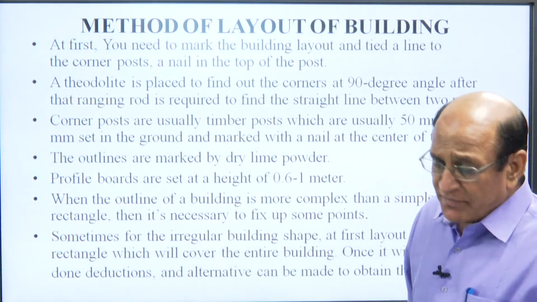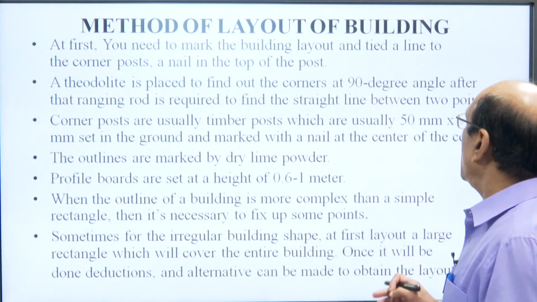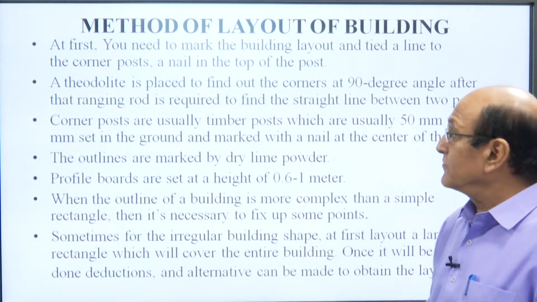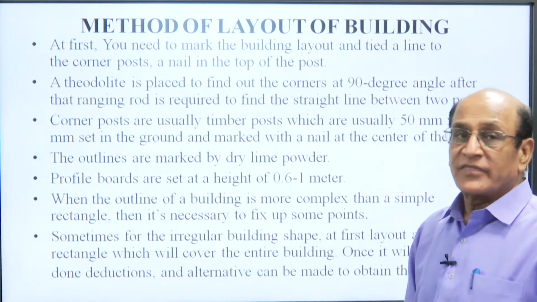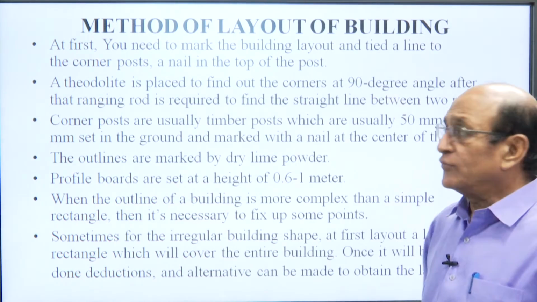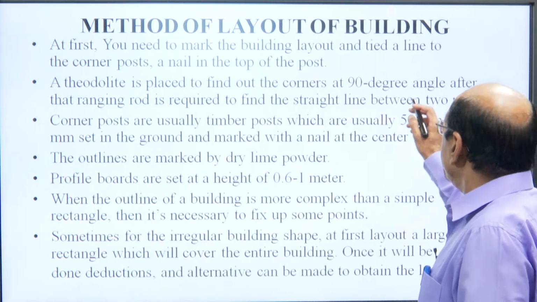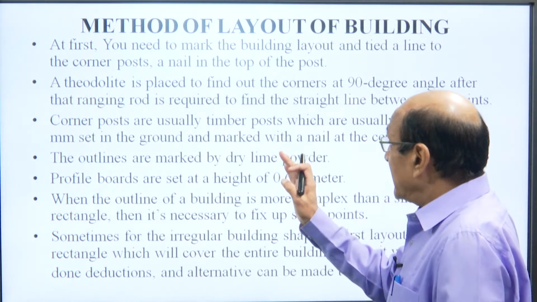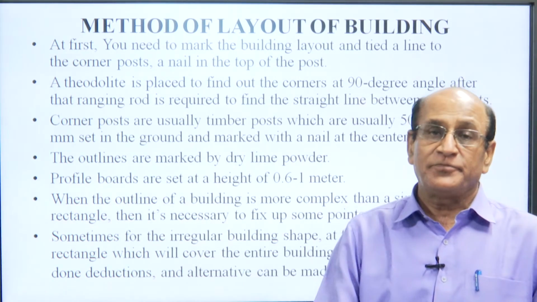Method of layout of the building. At first you need to mark the building layout and tie a line to the corner post, with a nail in the top of the post. A theodolite is used, or you may use a total station also. A theodolite is placed to find the corner at a 90-degree angle. After that, a ranging rod is required to find the straight line between the 2 points.